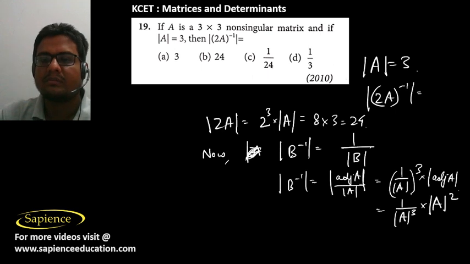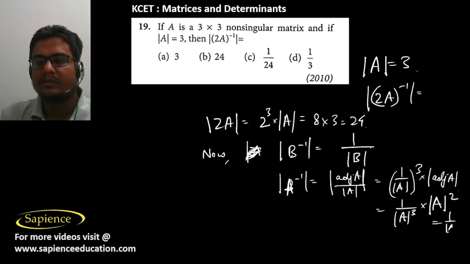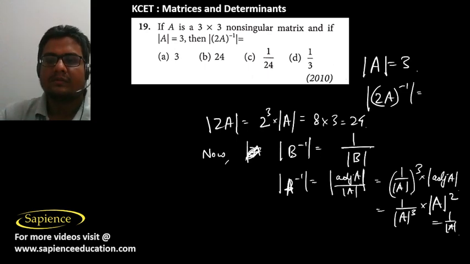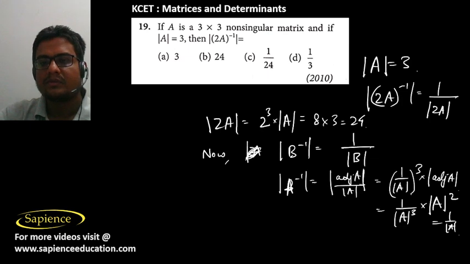So this is 1 by determinant of A. Therefore the determinant of 2A whole inverse is equal to 1 by the determinant of 2A, which is equal to 1 by 24. So option C is the correct answer.